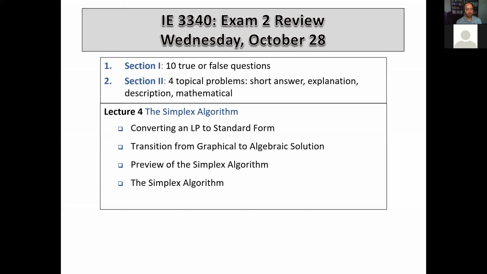For the second exam, we're going to be focusing on the actual algorithm. How do you use the algorithm to solve a problem? How do you use the elementary row operations, how do you proceed if you have a minimization problem, and how do you proceed if you have a maximization problem?